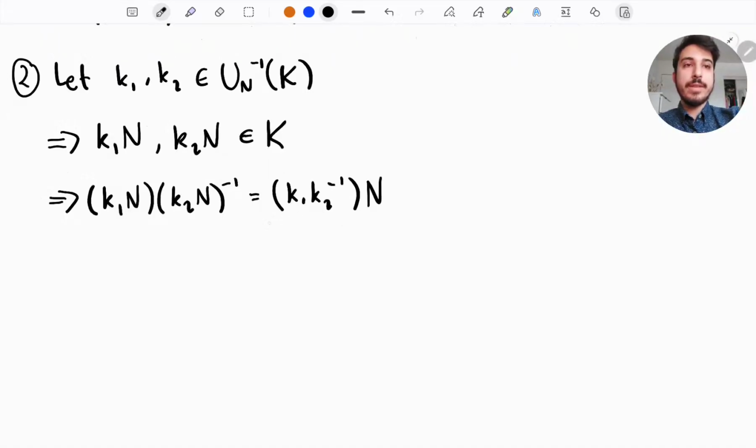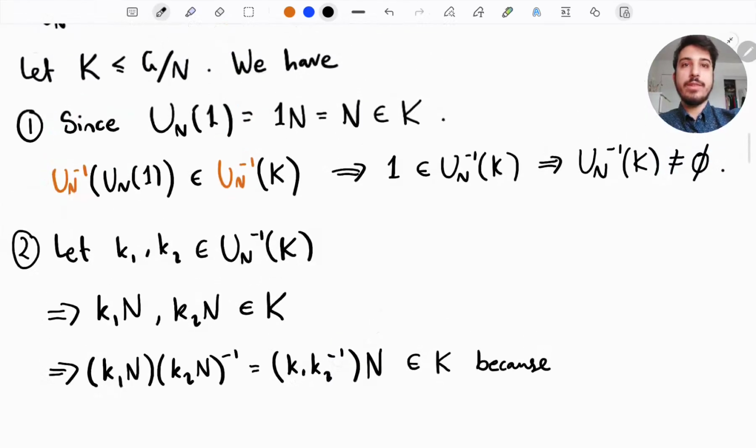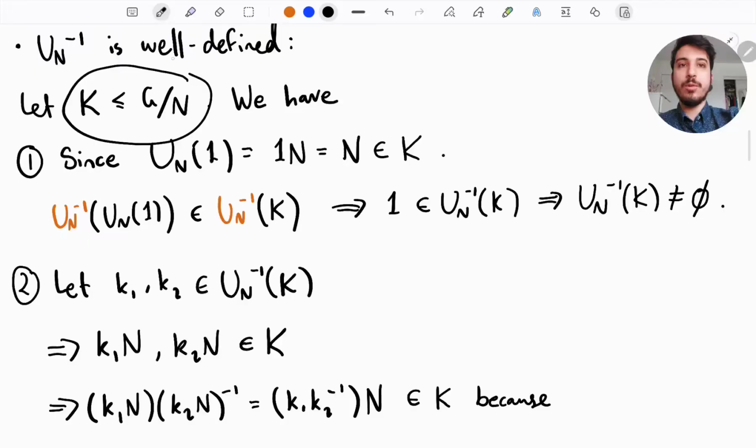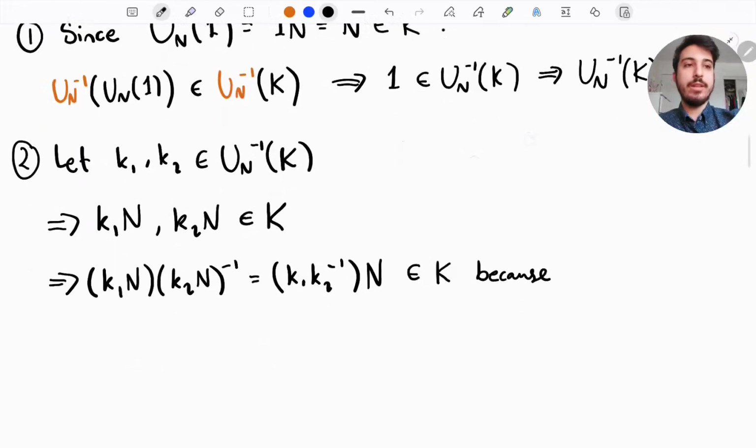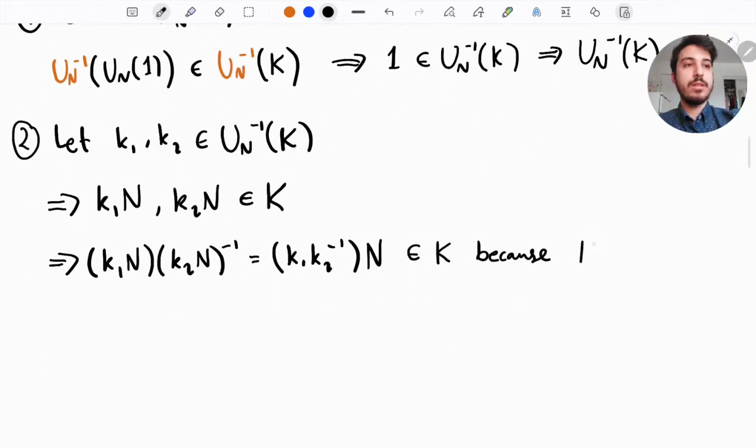And now this element, this coset here, lies in K because we have assumed K to be a subgroup of the quotient group G/N. So because we have this fact, we have this inclusion here.